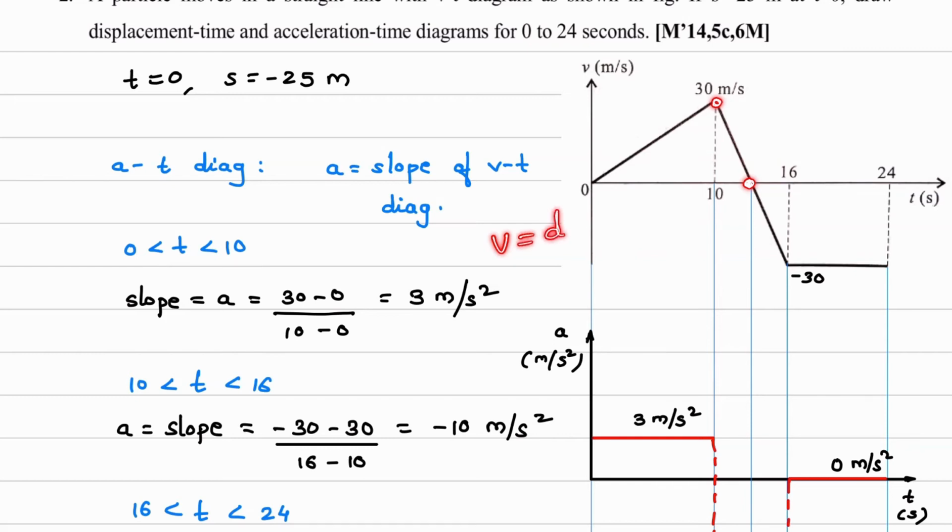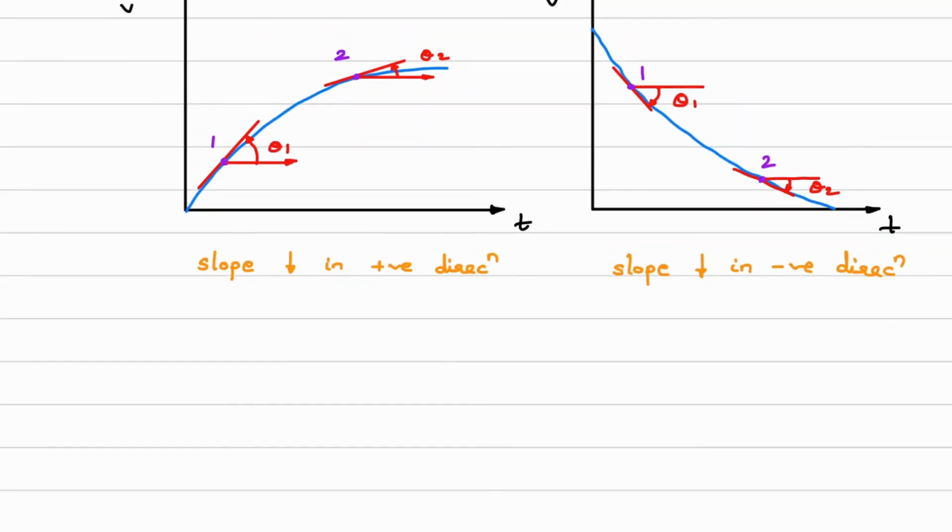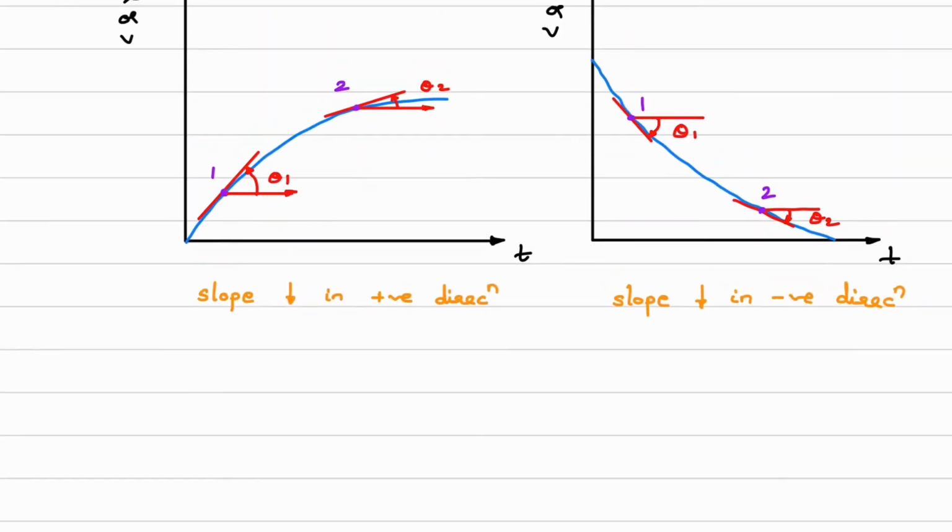Velocity is slope of ST diagram. Velocity is decreasing, so slope should decrease. Now slope should decrease and this value is positive. So slope should decrease in positive direction. We'll see the graph. Slope should decrease in positive direction. It will be like this.